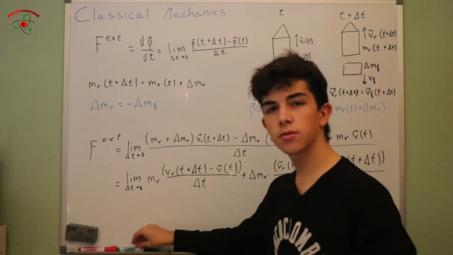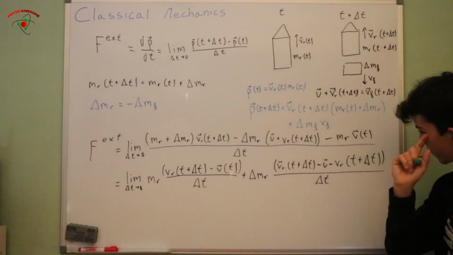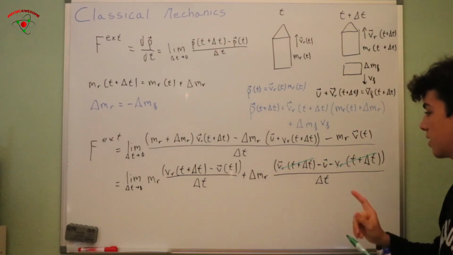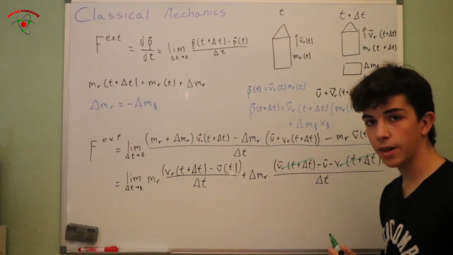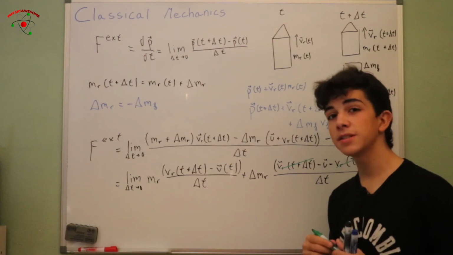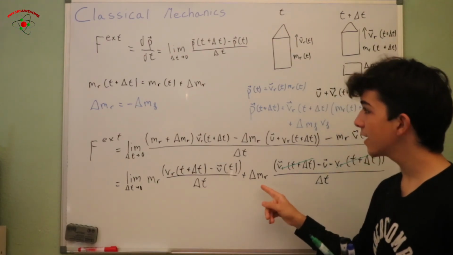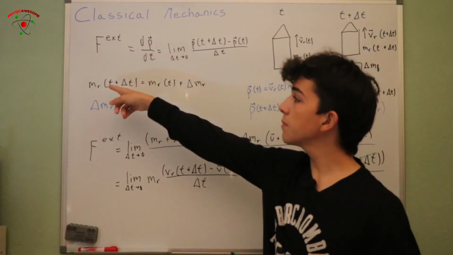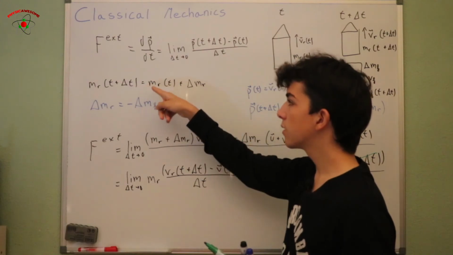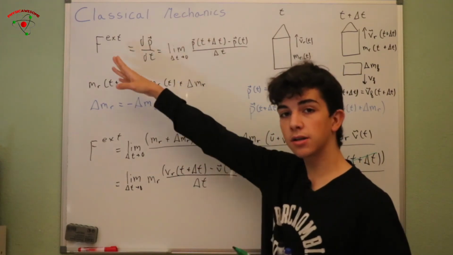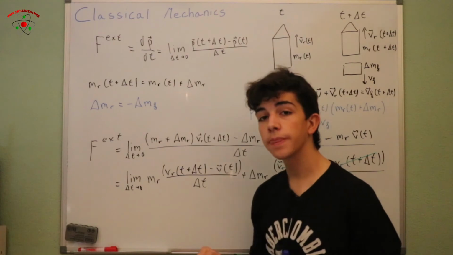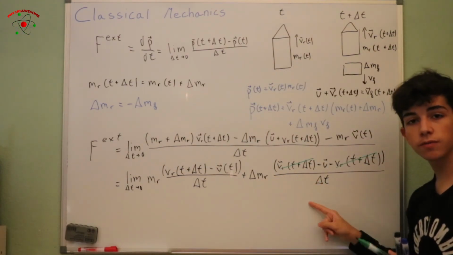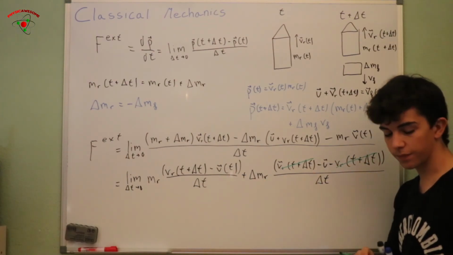And this is a little bit harder to see, and in general a velocity divided by a time element isn't anything, but note delta mr is no other thing than mr of t plus delta t minus mr of t. So what we really have here is a time derivative of the mass of the rocket.